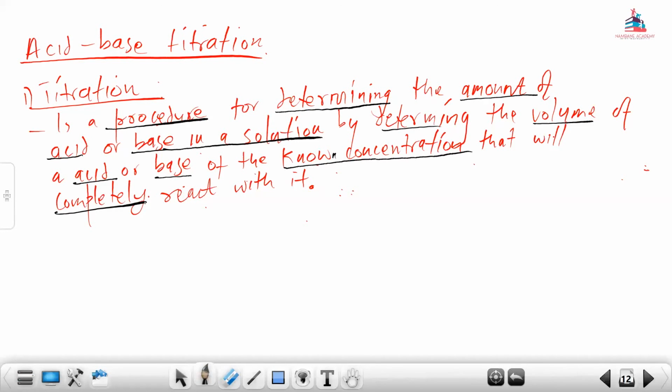So this says to me, it is an experiment that we need now to know. But we have now what we call the apparatus for this specific reaction or titration. So I'm going to include the apparatus, sort them out, and indicate to you what each one will do.